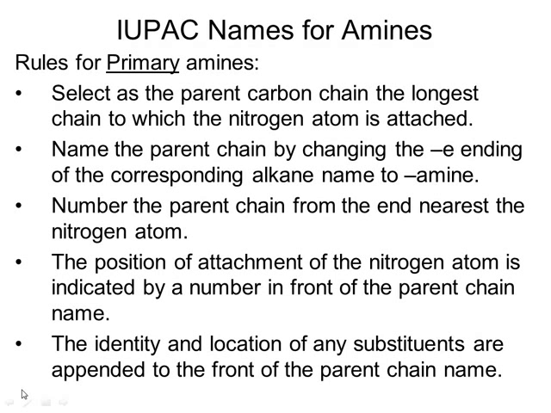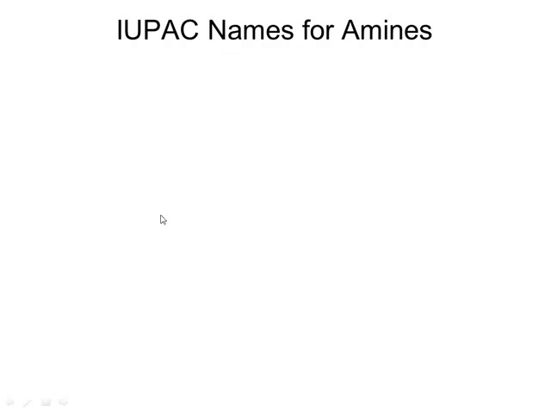So primary amines are fairly simple. Now you think, well, that's easy, but what happens if I have, say, a nitrogen? So here, actually I didn't talk about this, let me do one more example.